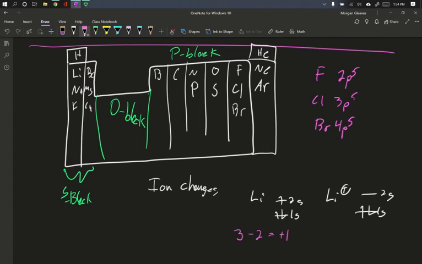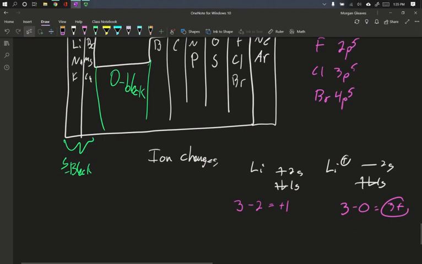Your valence shell is the highest shell that has electrons in it. For neutral lithium, that was the 2 shell, but for lithium plus, the cation, it's now the 1 shell. There are no electrons in the 2 anymore. So if another electron was to be taken, it would have to come from the 1s. The 1s sees 3 positives and no core, for a +3. It is significantly more difficult to remove that electron from lithium plus than it was from lithium.